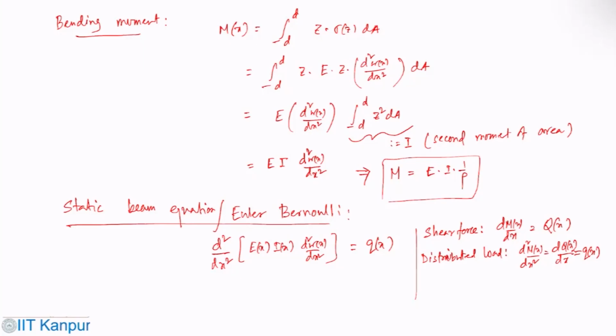So this is what you have, okay, for the static Euler-Bernoulli equation or beam equation. So essentially this is the basic equation.